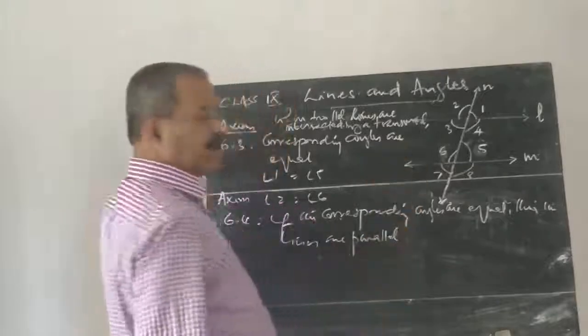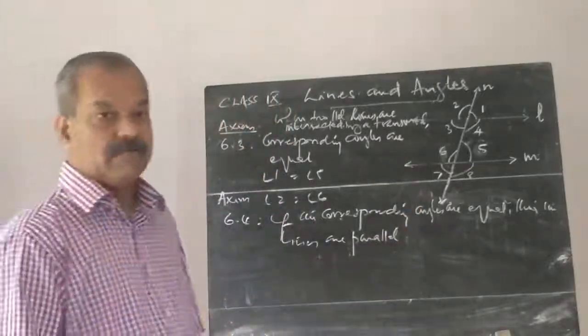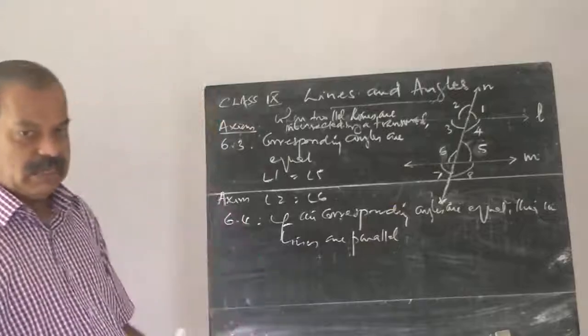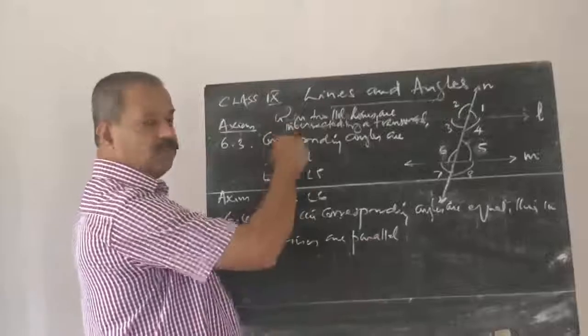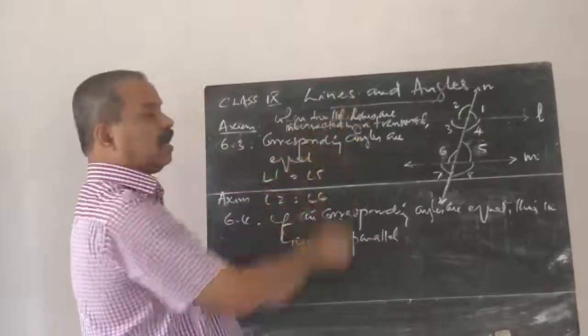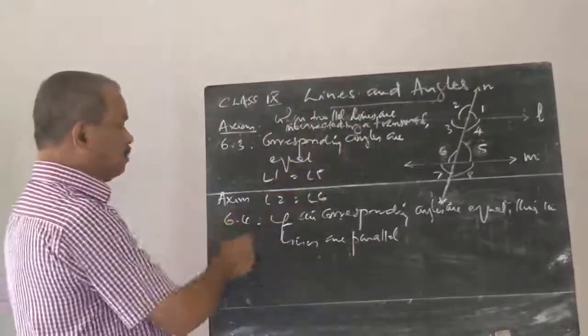If the lines are parallel, then the corresponding angles are equal when a transversal intersects them. Conversely, if the corresponding angles are equal, then the lines are parallel. This is axiom 6.4.